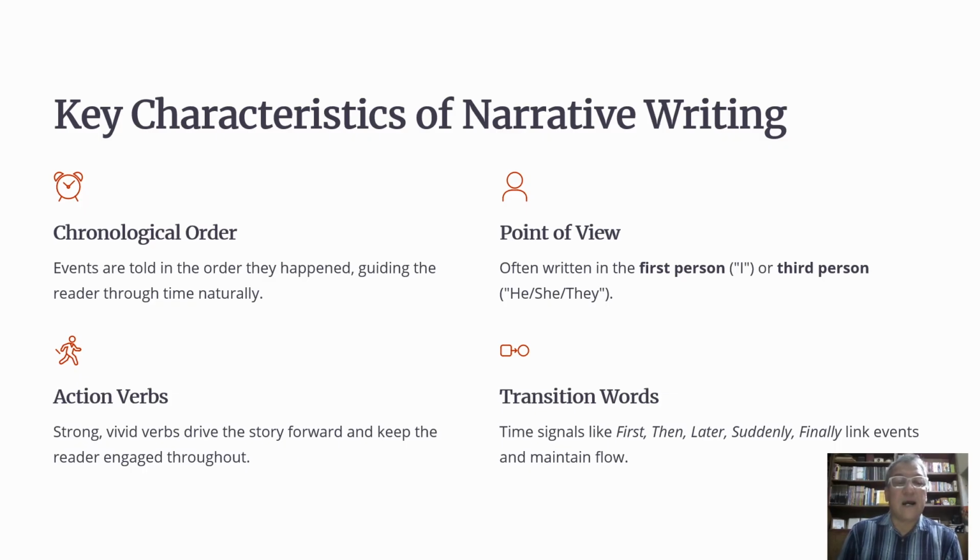Events are told in the order they happen, guiding the reader across time naturally. Point of view: often written in the first person or third person, he, she, they. Action verbs: strong, vivid verbs drive the story forward and keep the reader engaged.